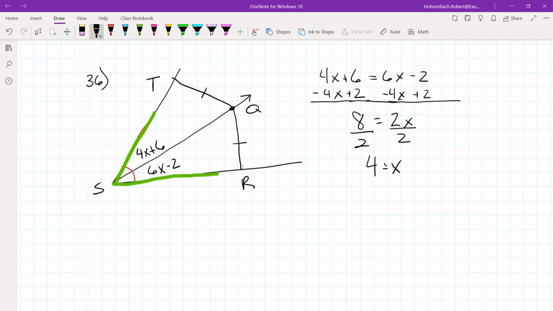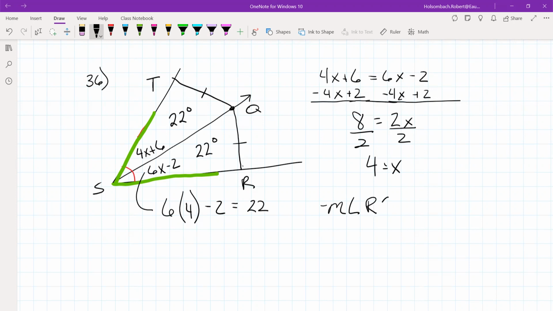Now, since these two angles are equal to each other, this angle is equal to 6 times 4 minus 2. 6 times 4 is 24, minus 2 is 22. Well, if this angle is 22 degrees, then this angle is 22 degrees. So the measure of angle RST is equal to 22 times 2, which is 44 degrees.